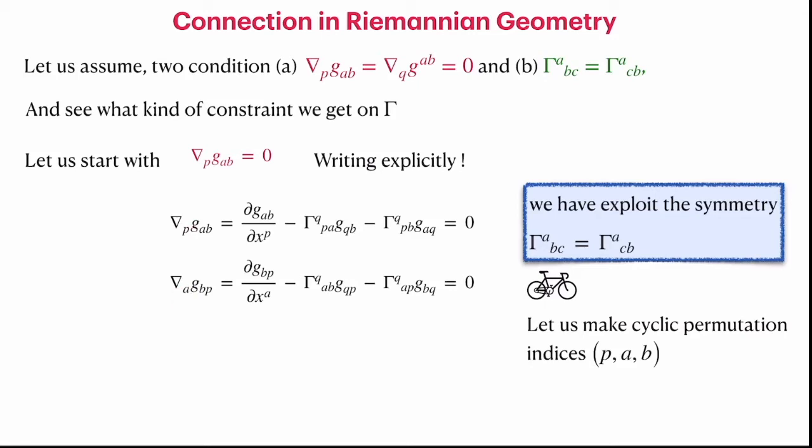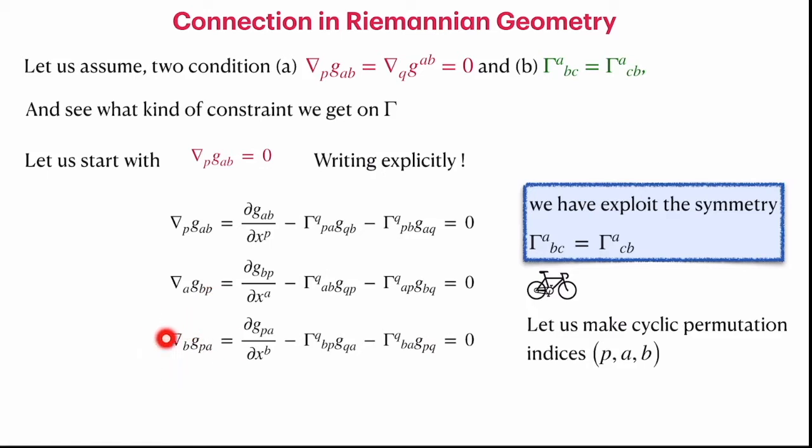P becomes A, A becomes B, and B becomes P. In all the following equations, this would be done other than for the dummy indices. Q would remain Q in both expressions, but A becomes B, B becomes P, and P becomes A. That is what is done from this to this transition. That is one cyclic permutation. The second cyclic permutation from this to this is again A becomes B, B becomes P, and P becomes A.